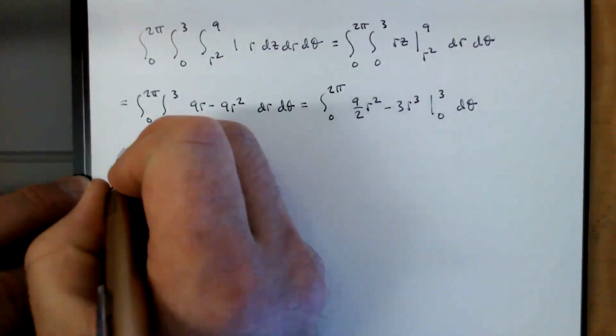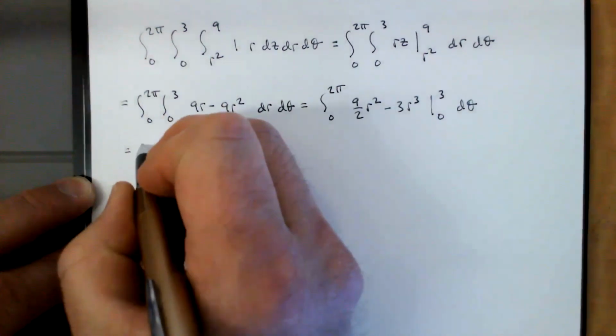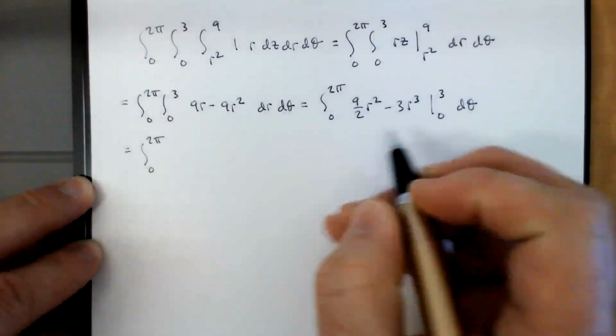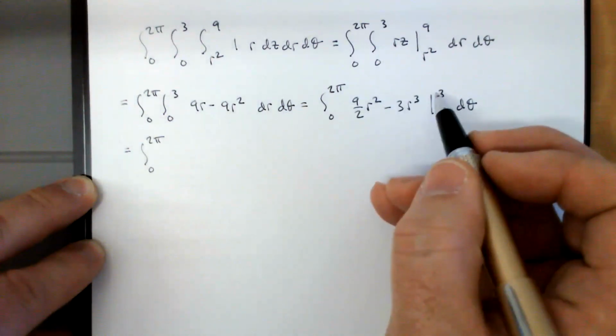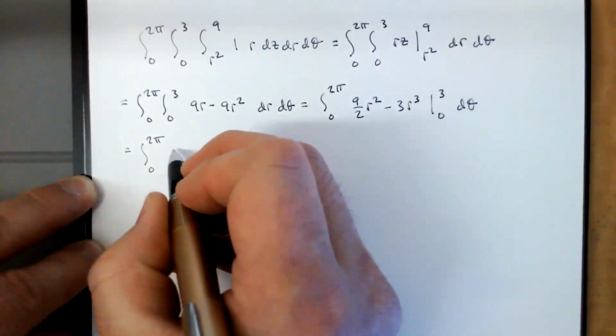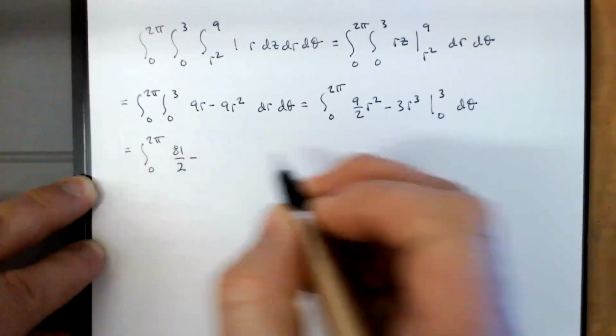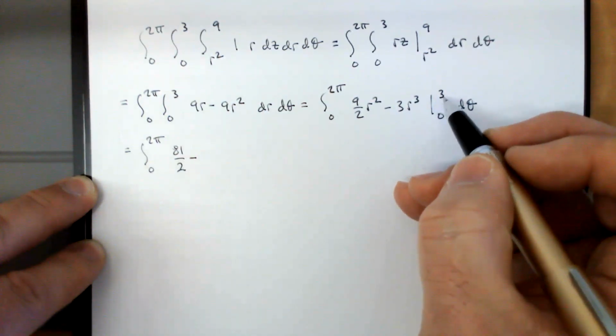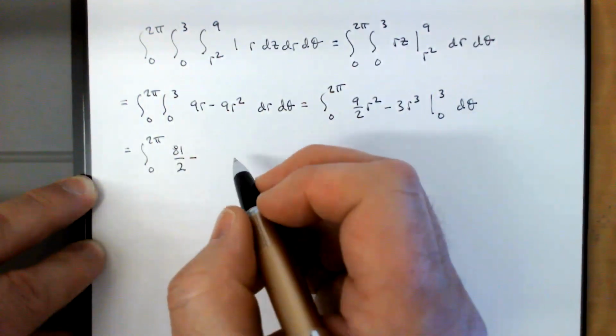So let's evaluate. We only have to plug in the 3 because there's no constant here. So we'll have the integral from 0 to 2 pi of 3 squared is 9 times 9 is 81 over 2, minus 3 cubed is 27 times 3 is 81.